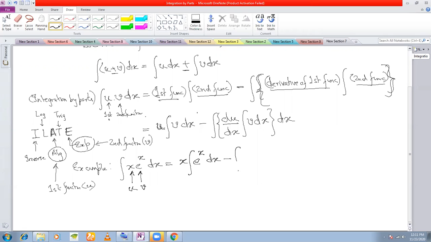Minus integral of the derivative of the first. What is the first function? x. So d/dx of x into the integral of the second. Second function is e to the power of x dx, and whole thing has to be within dx. Check with the formula whether you understood or not.